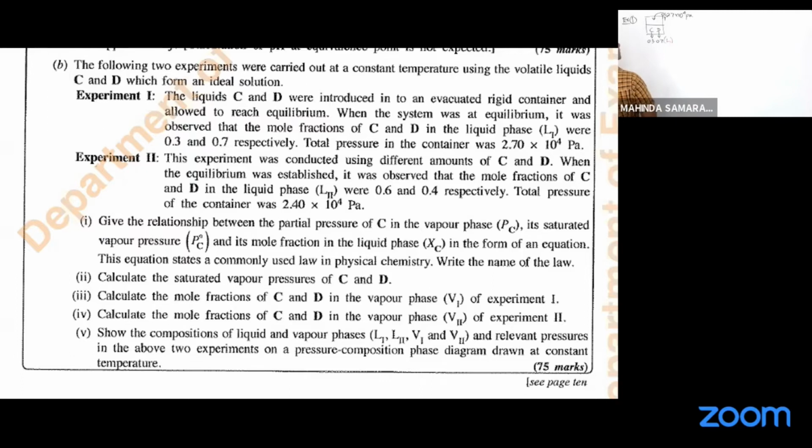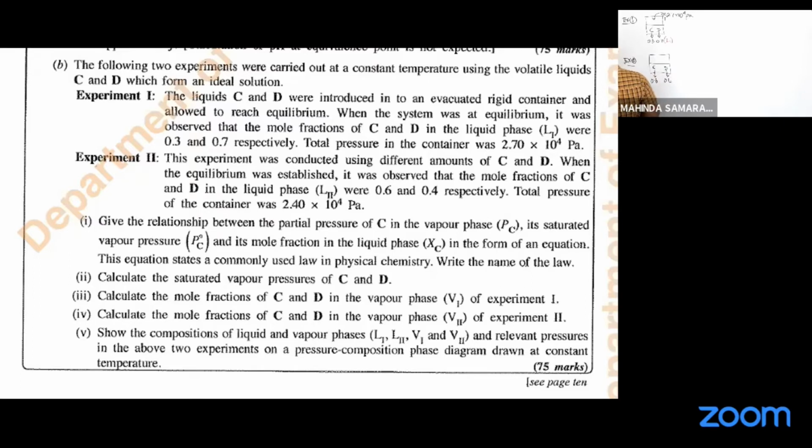That's experiment 1. Then experiment 2 is given. What is the information? Again we have C and D in the closed vessel, but now the compositions are quite different. The experiment was conducted using different amounts of C and D. When equilibrium is established, the mole fraction of C is 0.6, so D should be 0.4.